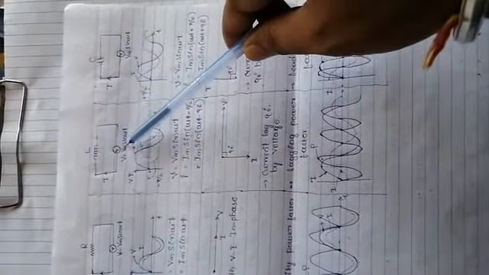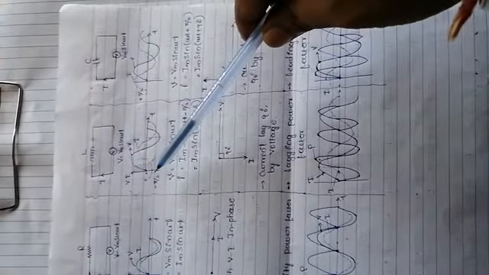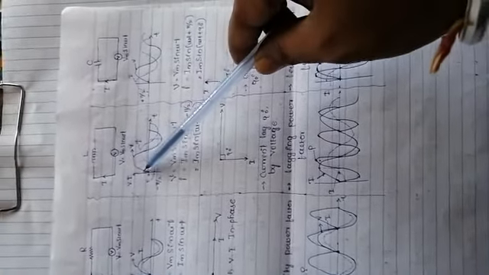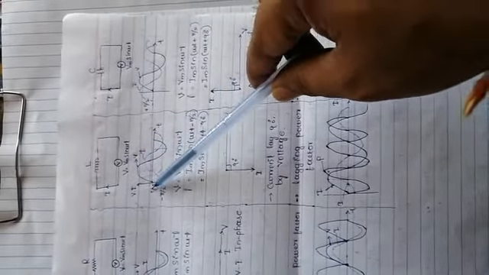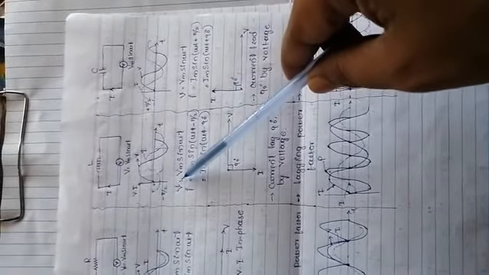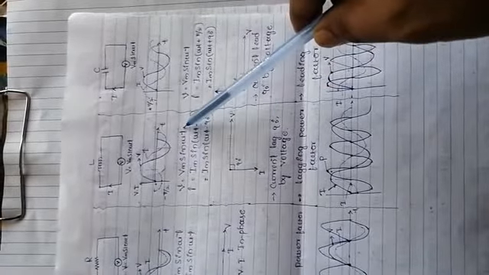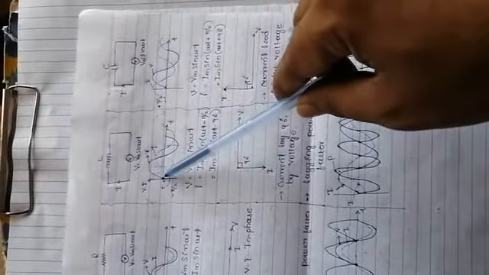In the inductive circuit, the current lags the voltage by an angle of 90 degrees. Here is the voltage waveform, and this is the current. V is equal to Vm sin omega theta, starting from 0.